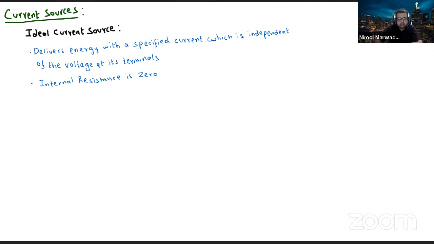So I have a current source. The arrow shows the direction of the current.